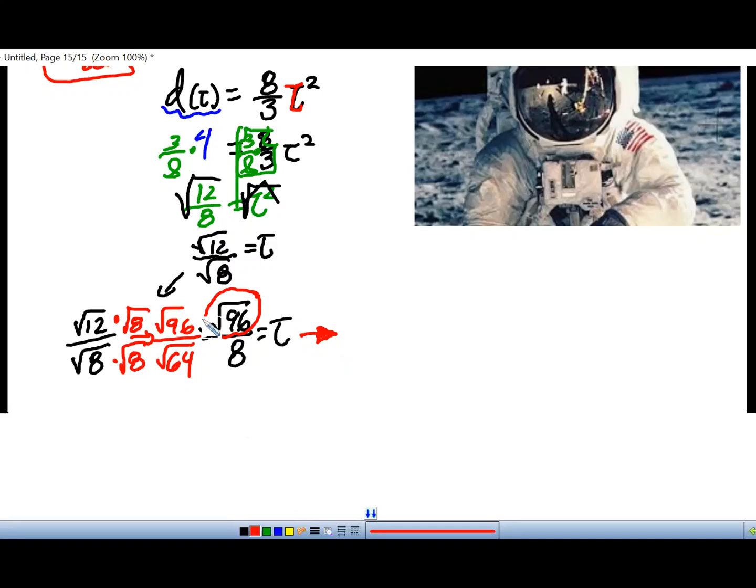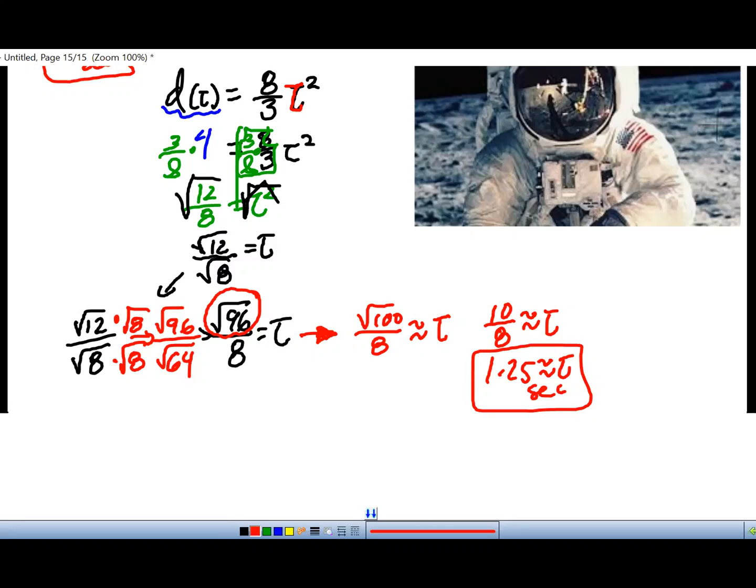What number can we take a square root of that's close to 96? 100. So we write square root of 100 over 8 approximately t. So what is square root of 100? 10 over 8 approximately t. So if we divide that, 8 fits in there, 1.25 approximately t, and that's in seconds.